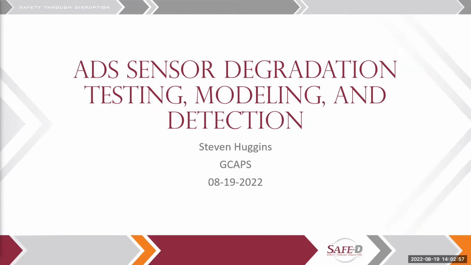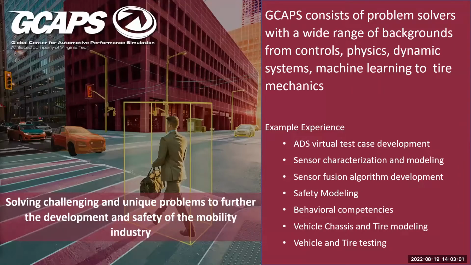All right. So before we dig in real quick, I want to give a brief introduction as to what GCAPS is. There's a lot of acronyms in the umbrella of VTTI. So we are the Global Center for Automotive Performance Simulation. We're an affiliated company of Virginia Tech.